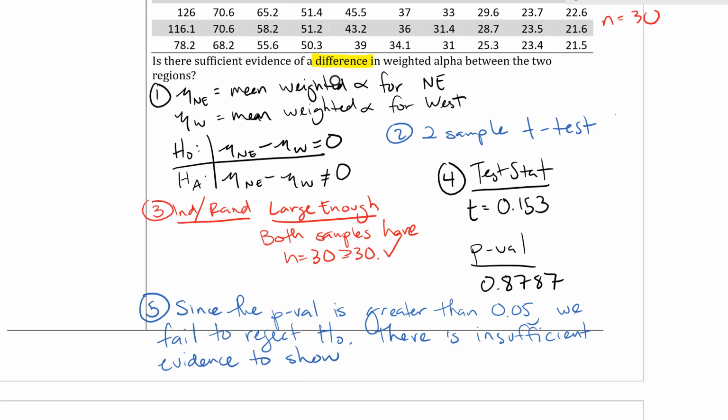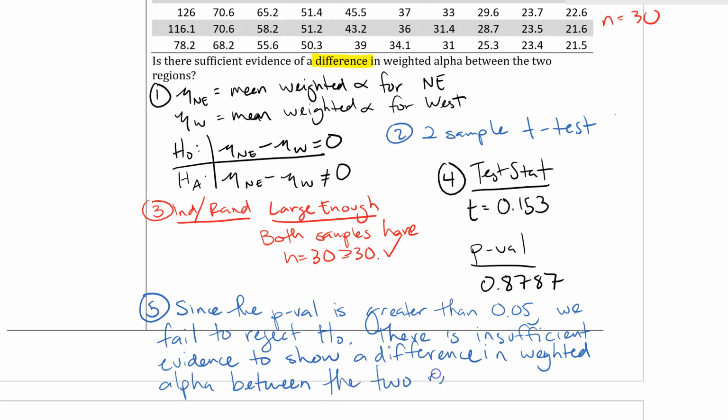So there's not enough evidence to show that. There we go. Not enough evidence to show a difference in weighted alpha between the two regions.